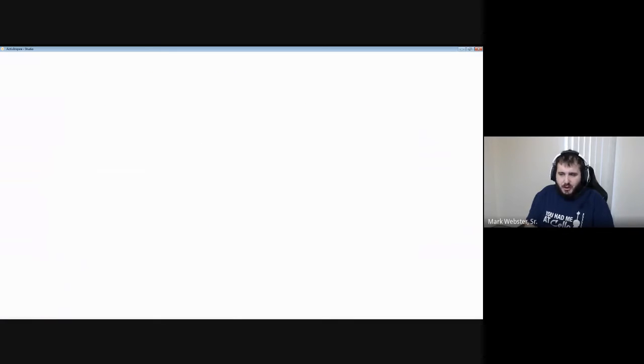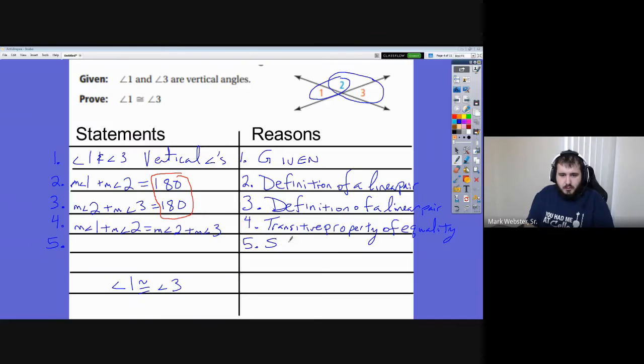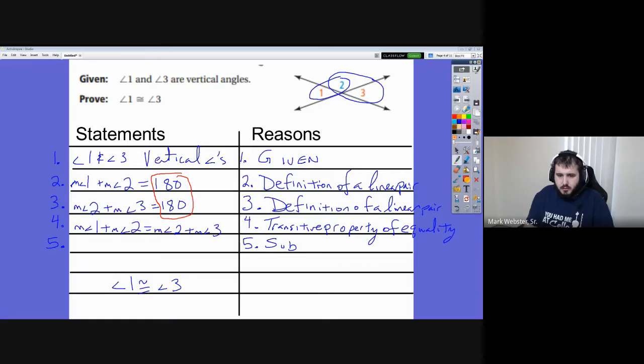So by the subtraction property, we know that the measure of angle 1 equals the measure of angle 3. Again, all I did is subtract the measure of angle 2 from both sides, right?